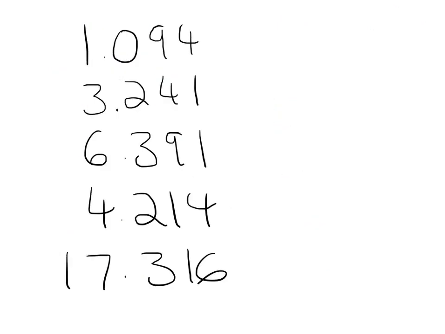In this set of numbers, if I was to ask you how many hundredths are in total in this first number, you'll note that hundredths is the second digit to the right of the decimal point.